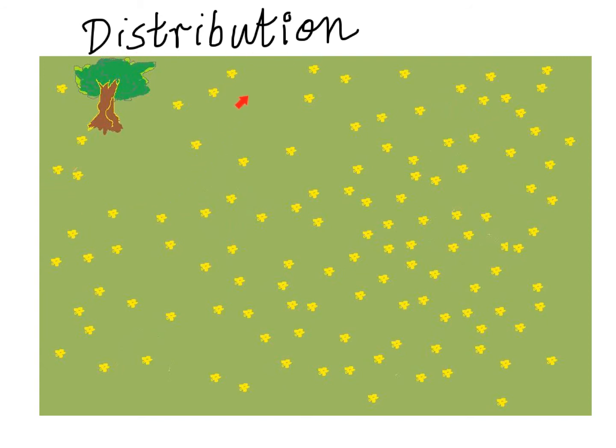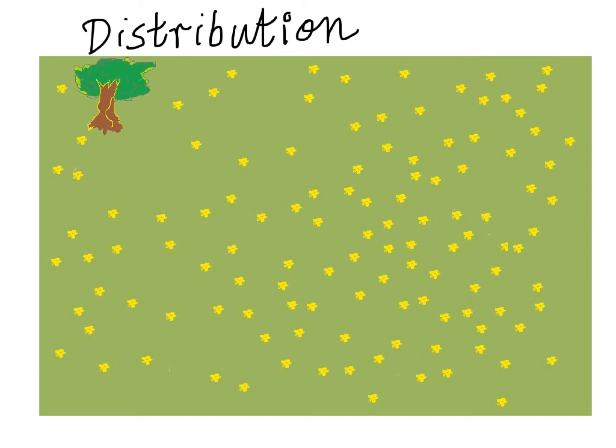You can see that they are very thinly distributed here, but as you go away from the tree, you get more population density. So they are much more closely packed, and you can see the distance between them getting shorter and shorter.